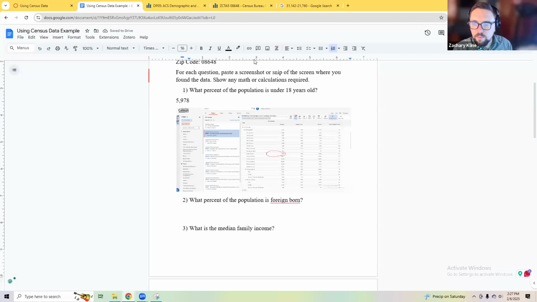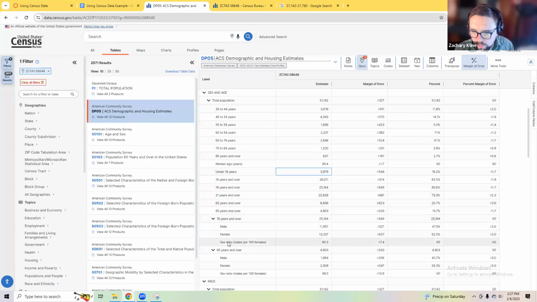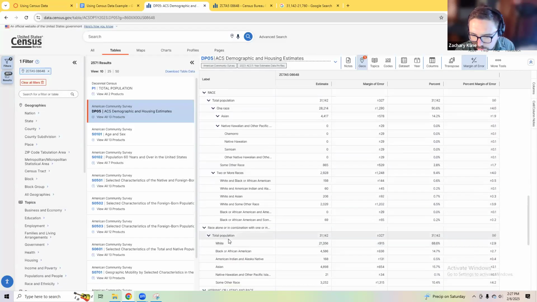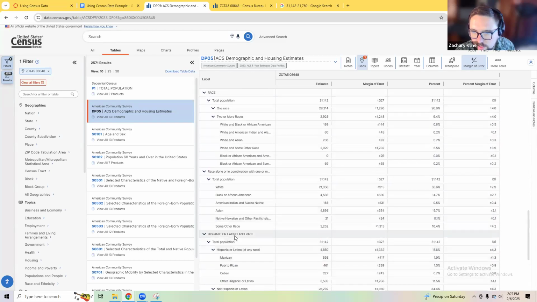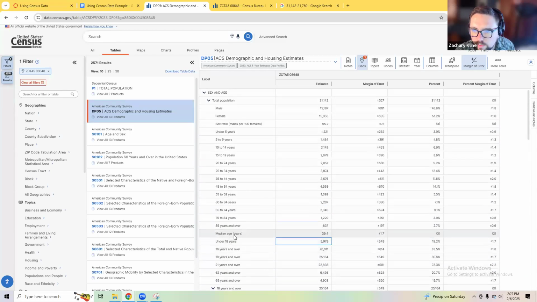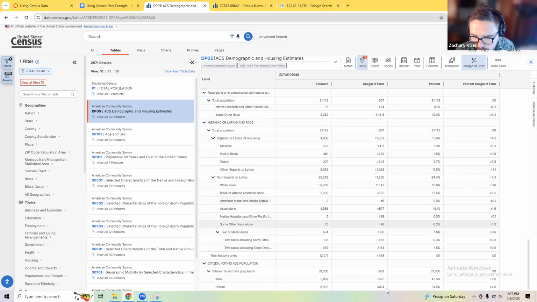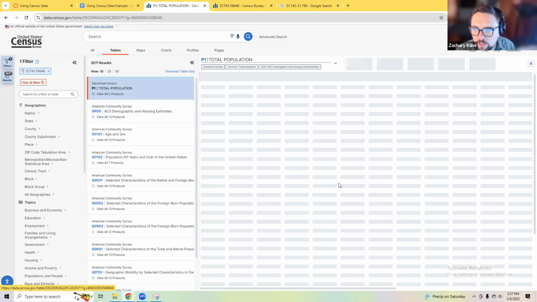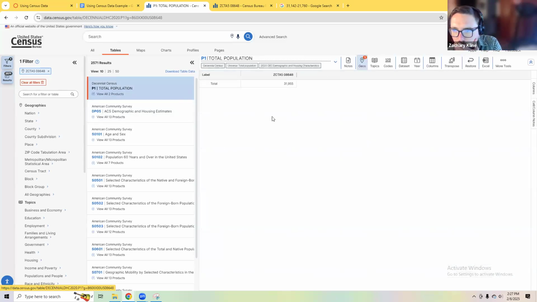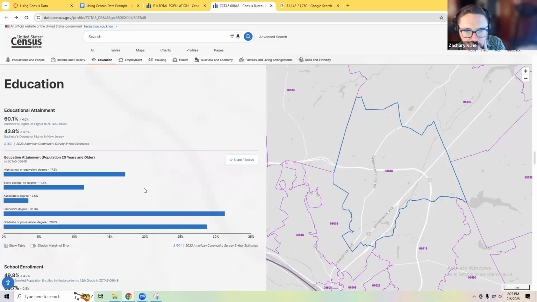Okay, so next is what percent of the population is foreign born? Let's see if this one's here. I'm not sure if it's going to be listed as foreign born on this one. Again, the total population. Let's see. Nope.